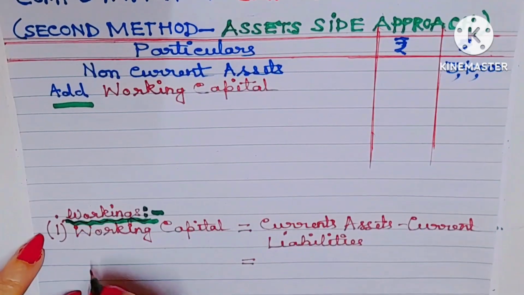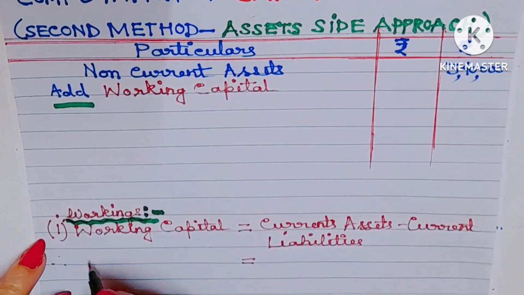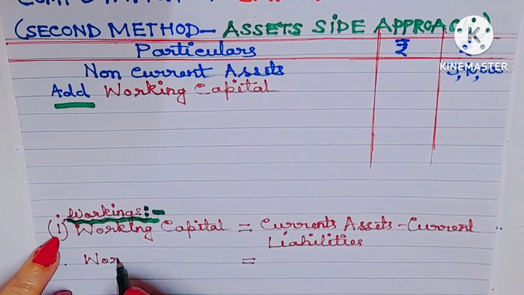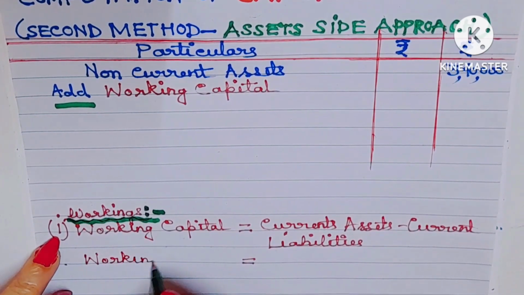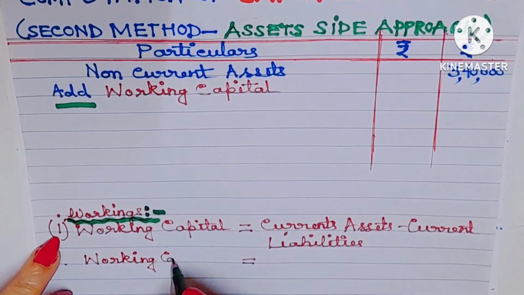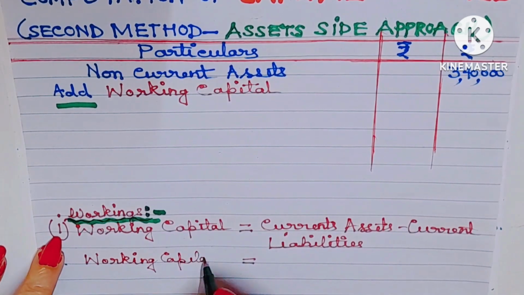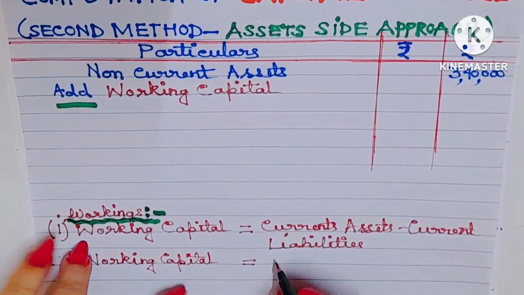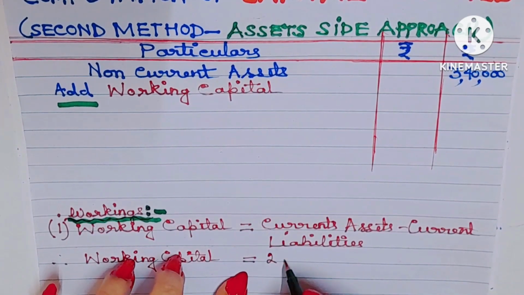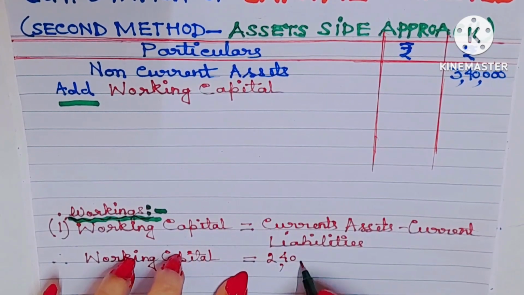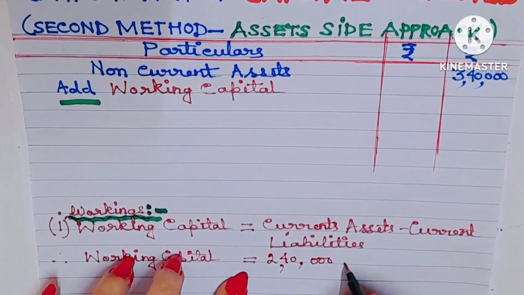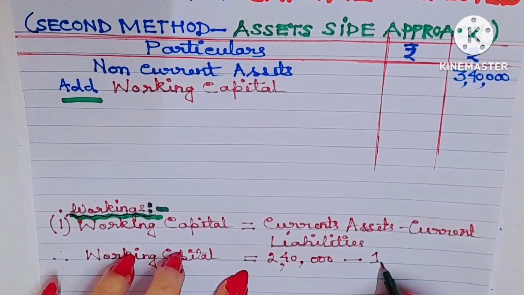Therefore, working capital is equal to current assets 2,40,000 minus current liabilities is equal to rupees 1,80,000.